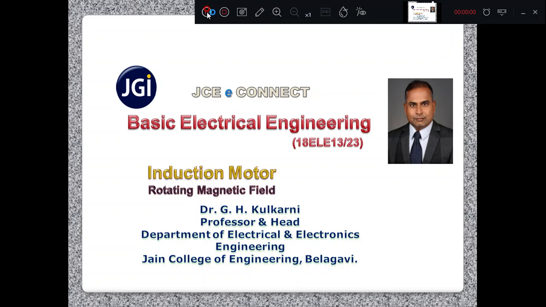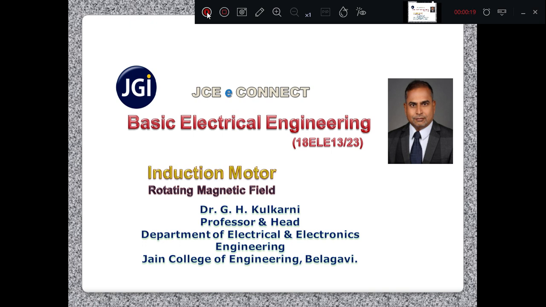In this session, we'll study how a rotating magnetic field is produced in an induction motor. We know that the induction motor consists of two parts: one is the stator, the other is the rotor.